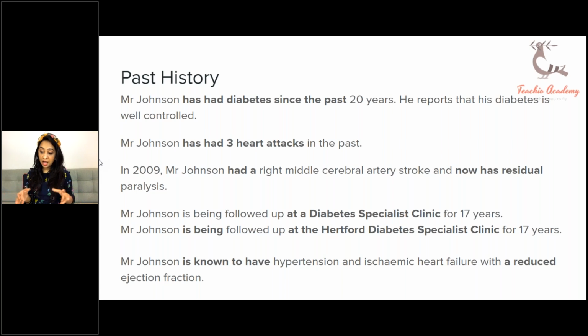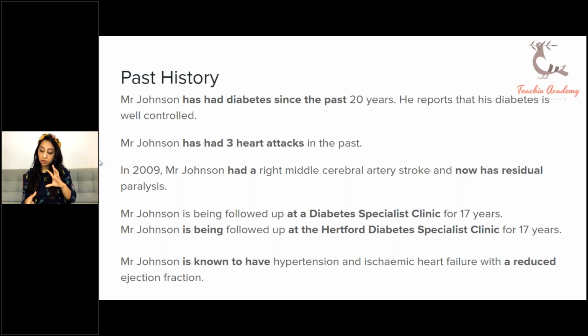But if you've had something as a particular event and that event stopped or that event was isolated, then you write "had". Okay. For example, in 2009, Mr. Johnson had a right middle cerebral artery stroke and now has residual paralysis.